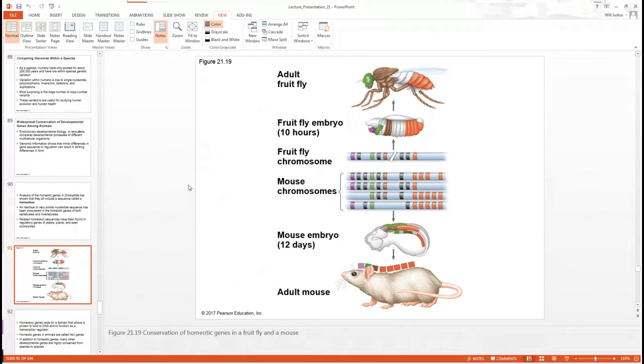You can see that this green section in the embryo of a fruit fly correlates to this green section on the head. Brown goes to legs, orange goes to abdomen. And this genetic expression works the same way in a mouse. So the homeobox, or Hox gene, is responsible for the ordered development of an organism.